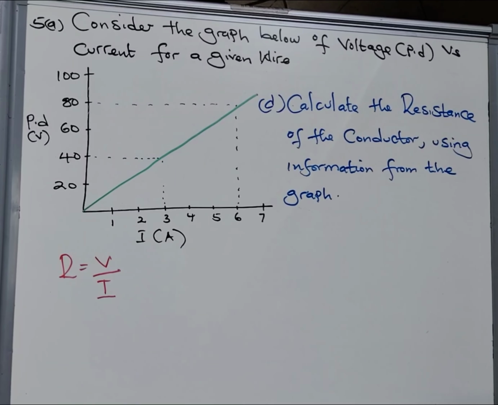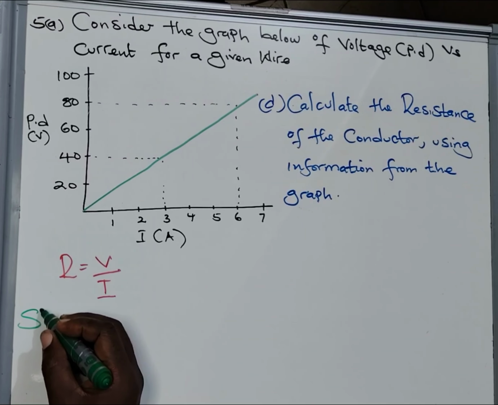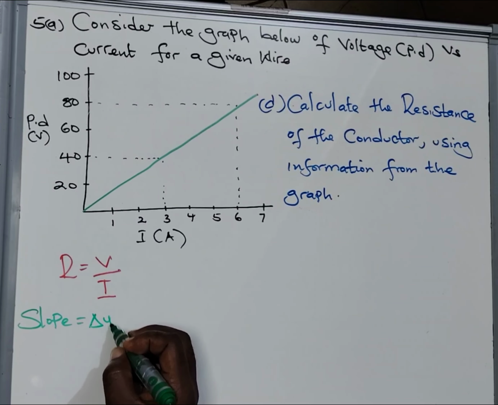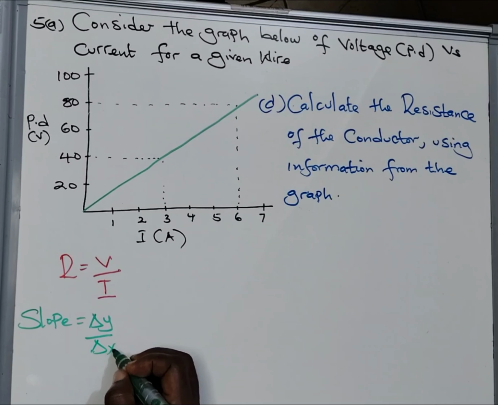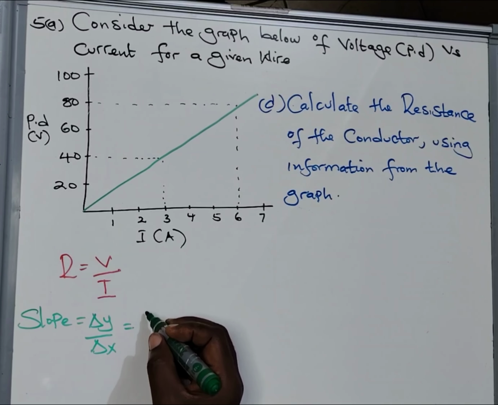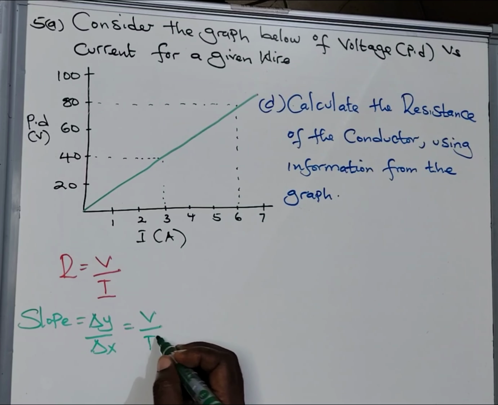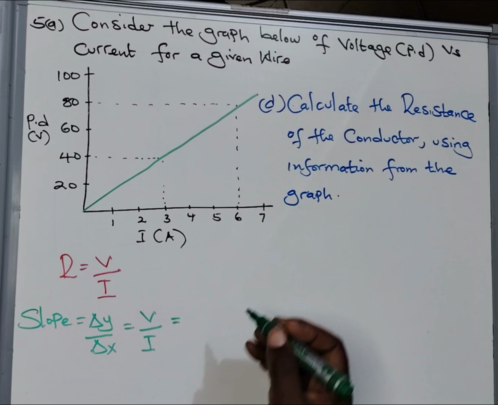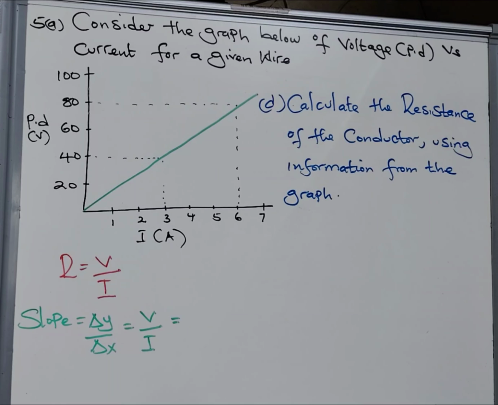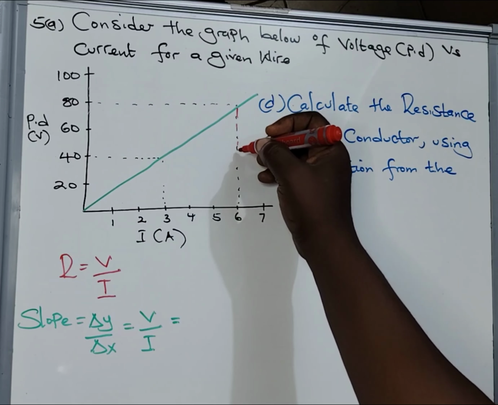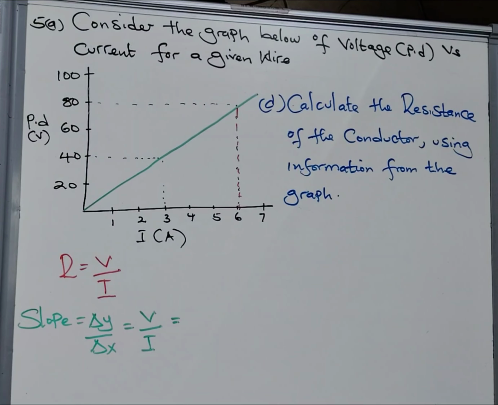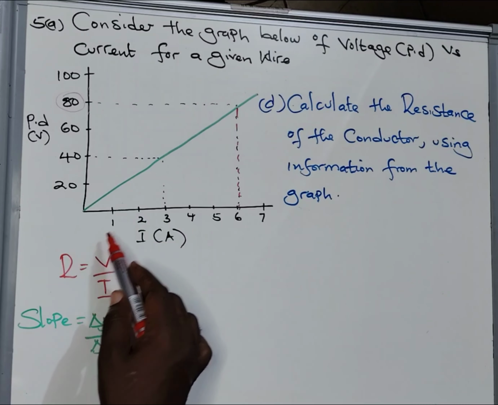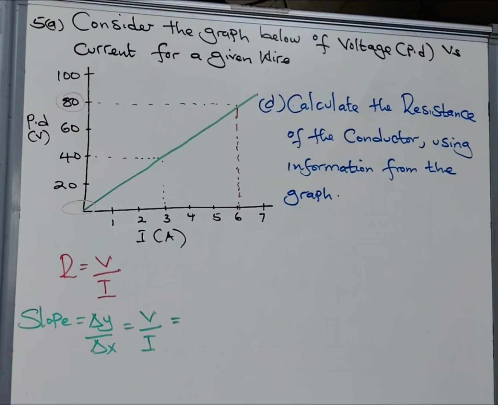But we have to remember that the slope of the graph is change in y over change in x. Change in y is V, and change in x is I. Here you can take from here, and if you take from there, this figure becomes our V2, and this figure here becomes our V1.